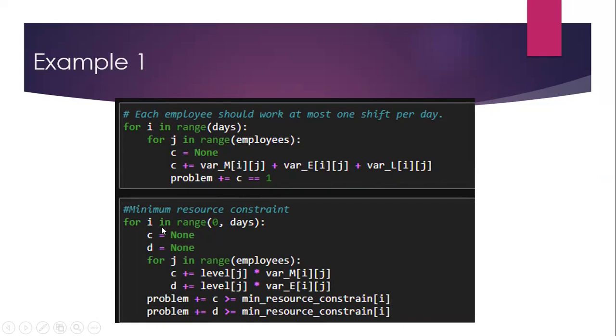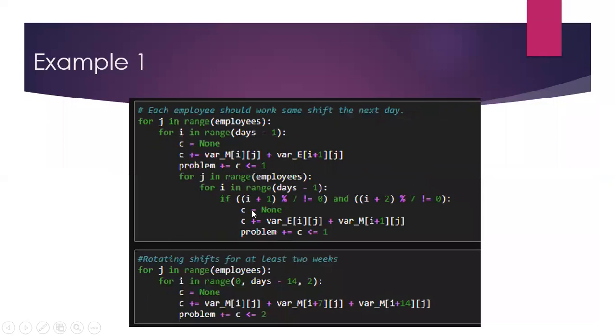Then the minimum resource constraints, that is on each day, so the day is from 0 to 31. In each day we should have a pre-specified minimum number of employees, which have already been specified in our problem.